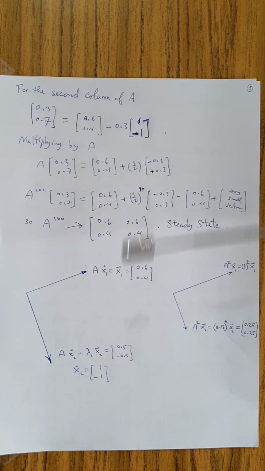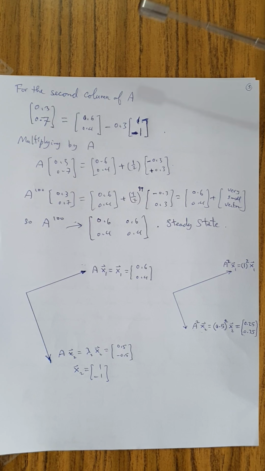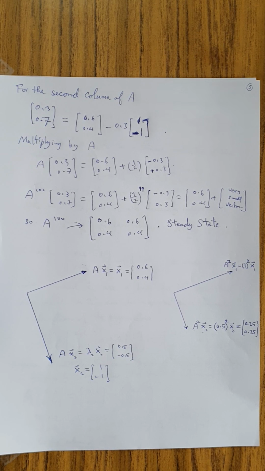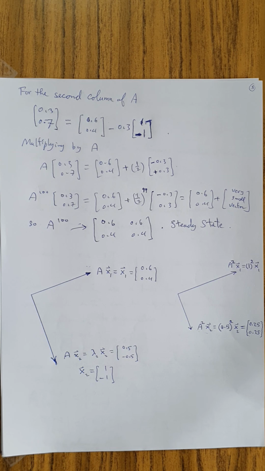If we multiply by A to the power 99, we get A to the 100 equal to the first eigenvector (0.6, 0.4) plus (1/2) to the power 99 times (0.3, 0.3), which is a very small vector. So the second column again equals (0.6, 0.4).